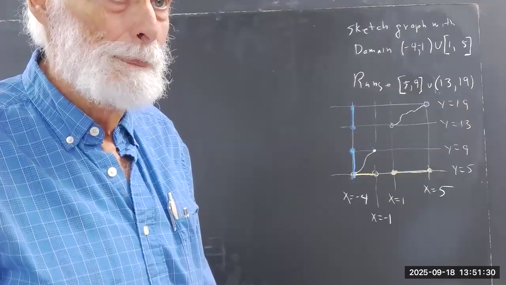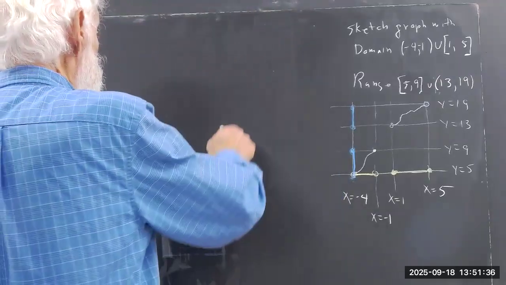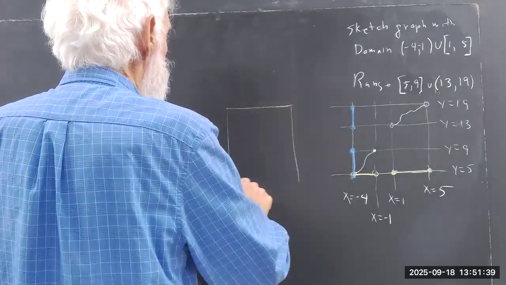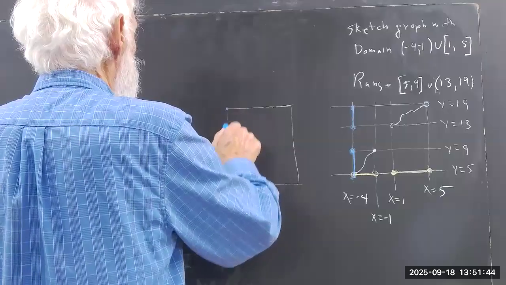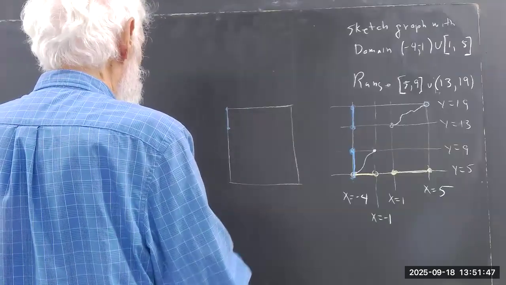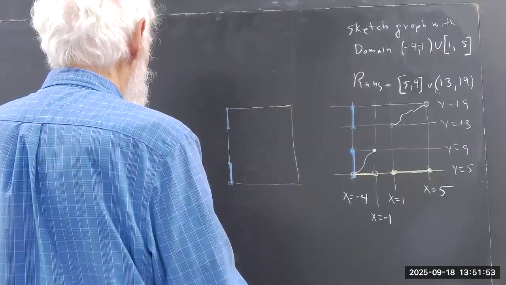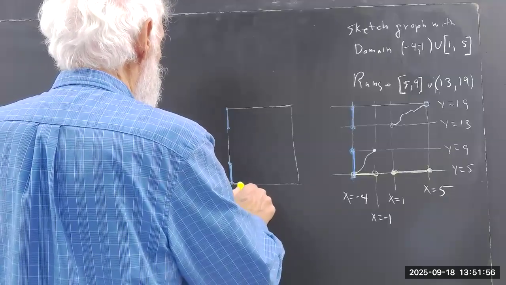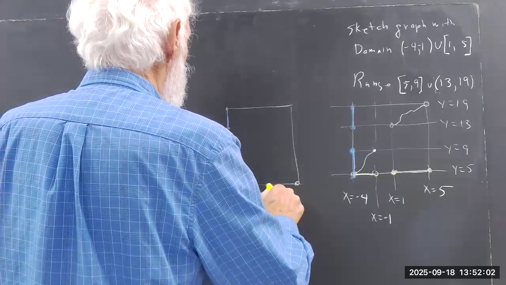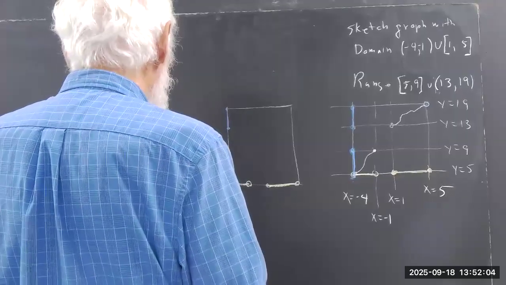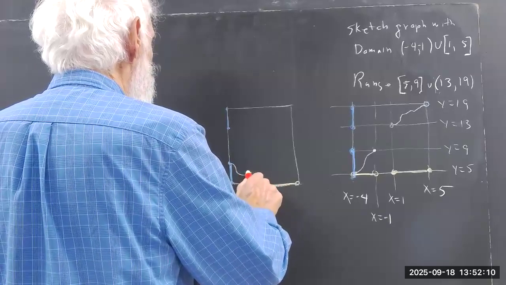Okay, that makes sense? Now, if I ask you to draw more than one graph, get something that looks like this. Draw these intervals. You could get fancy on me. You could go from here to here.